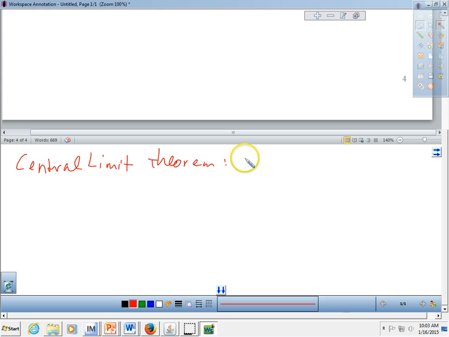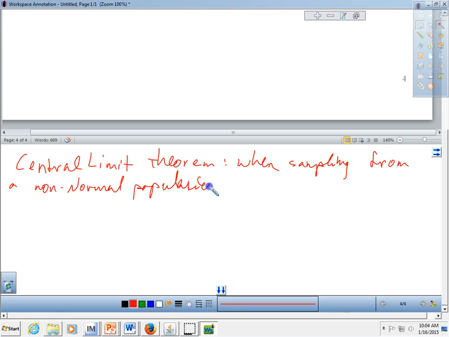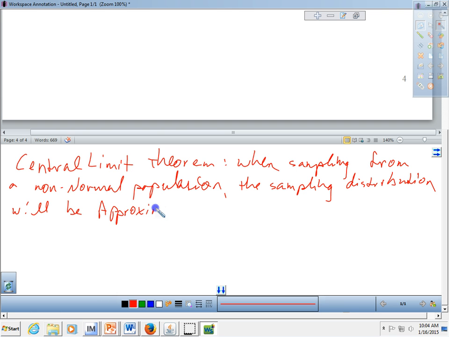Central limit theorem says that when sampling from a non-normal population, the sampling distribution will be approximately normal when the sample size is greater than or equal to 30, and 30 is that number that we put on there.